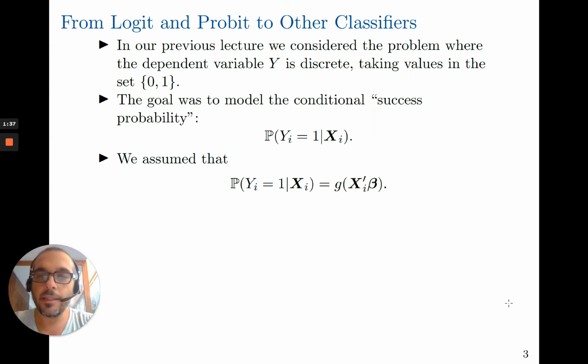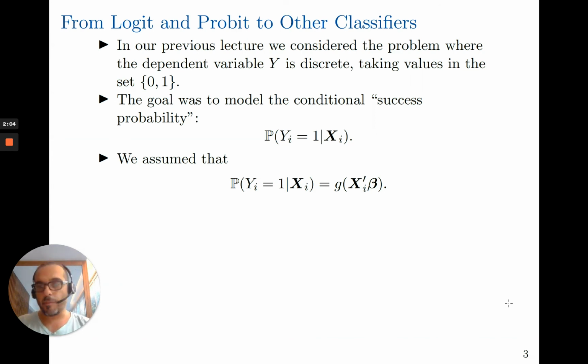Basically, we assume a functional form for these probabilities that we call g, and this g function is of course nonlinear. It will map a set of covariates that takes values on the reals to the closed interval between 0 and 1.